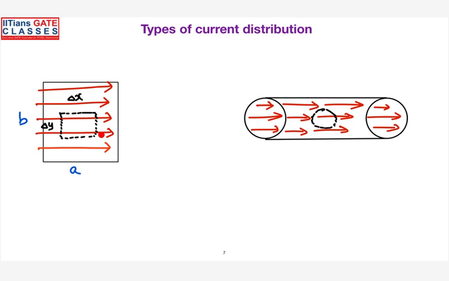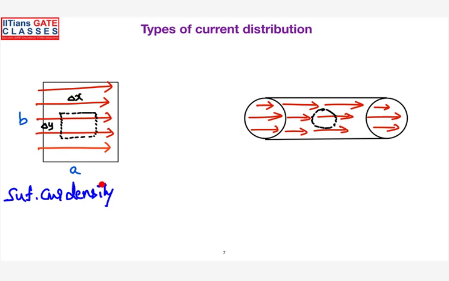That is an example of a surface current. When you apply a voltage across a metal whose thickness is considered negligible, there will be a current flowing on the surface of the metal. That distribution is considered a surface current. In the case of a surface current, instead of mentioning the current, there is one more parameter which we characterize as the surface current density.